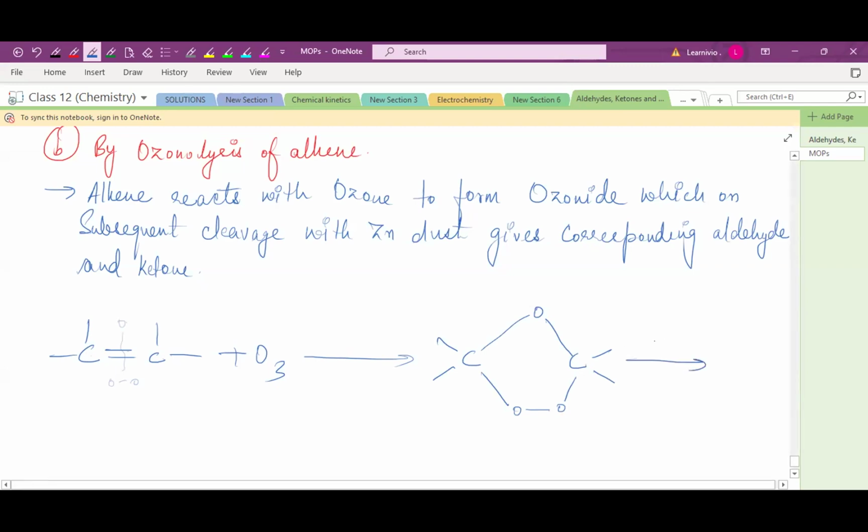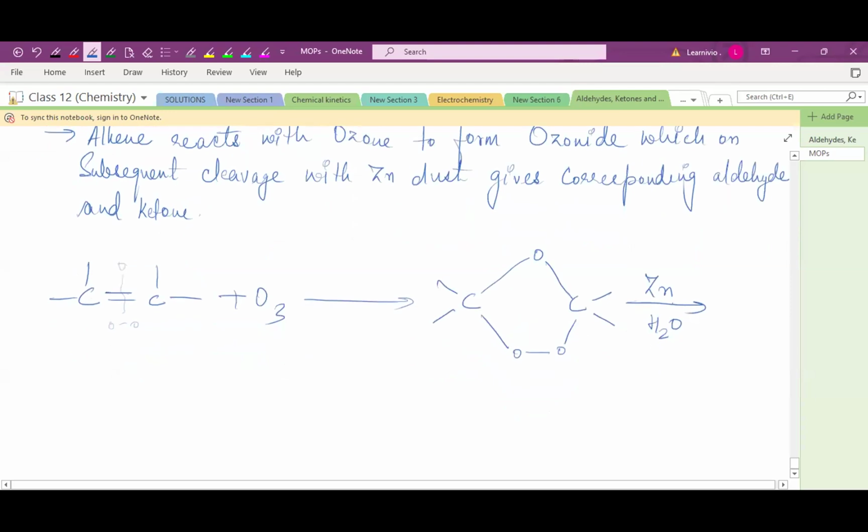Now, further, when you treat this ozonide with zinc dust in the presence of water, hydration bhi kara rahe ho, the cleavage of this ozonide will occur. And how will the cleavage occur? See how you have to break this bond. So CO and CO, 2 moles of ketones will be formed.